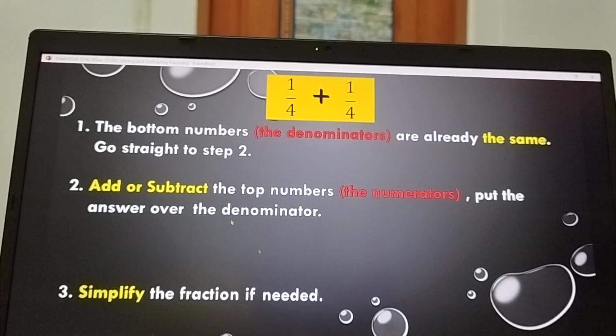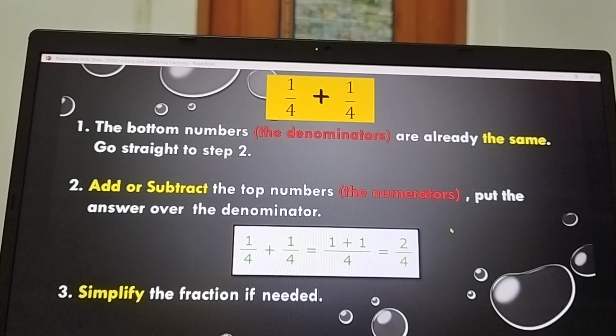The numerator is 1 and 1. This is adding fraction because you have here the plus sign. So just add the numerators. 1/4 plus 1/4 equals, add the numerator, 1 plus 1, 2. So the answer is 2/4. That is for step 2.